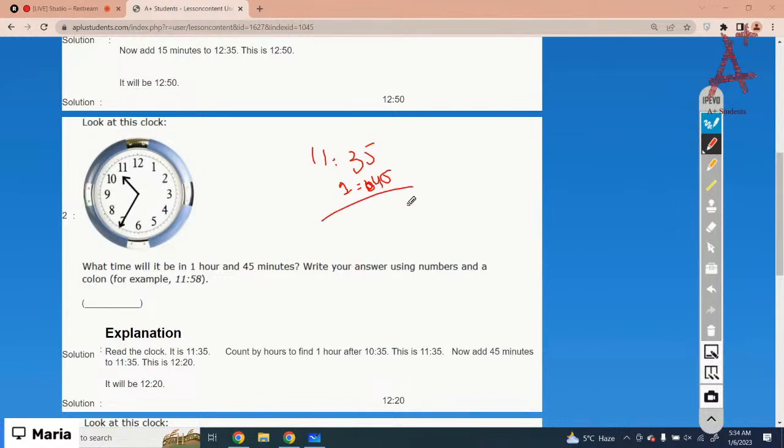It shows 12:20. Got it? So when you add 1 hour 45 minutes to 10:35, it would be 12 hours 20 minutes. Got it? Let's just start with the test questions.